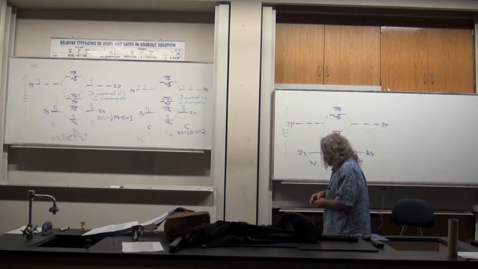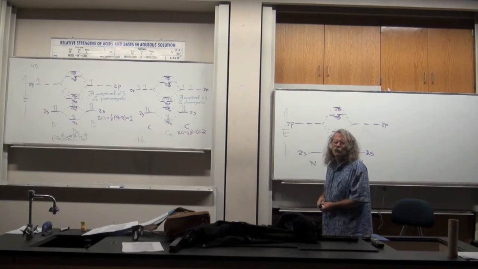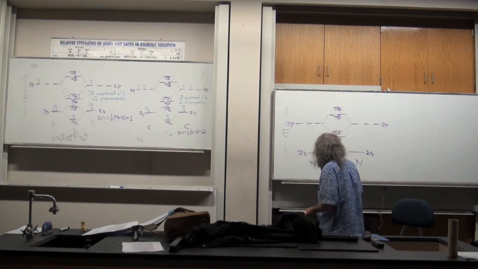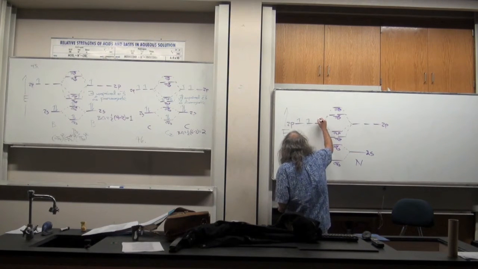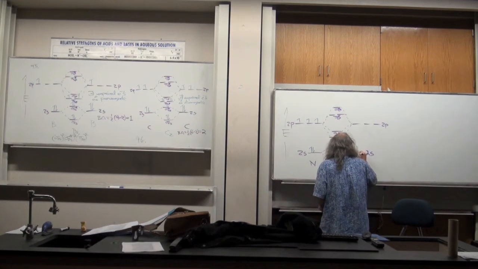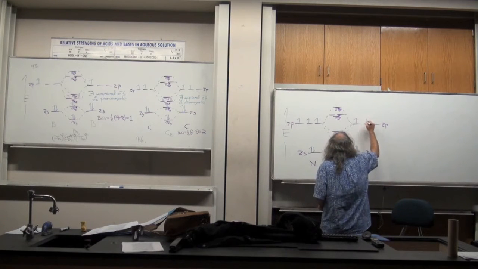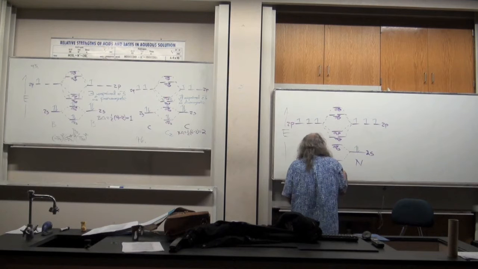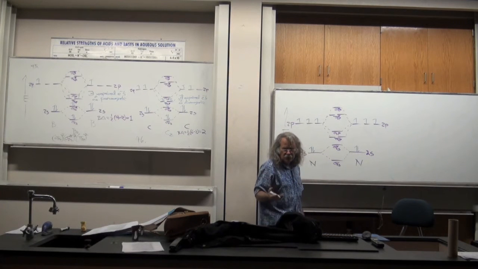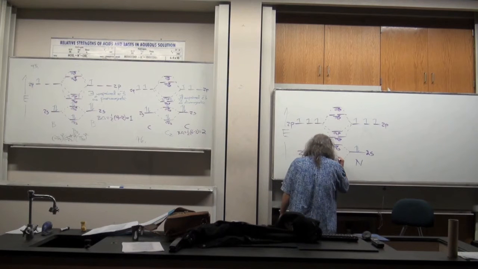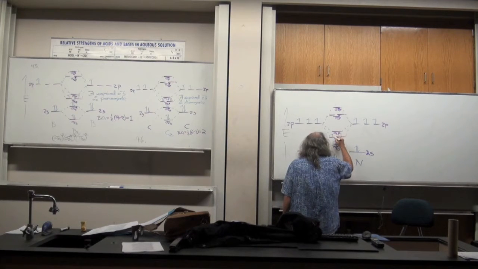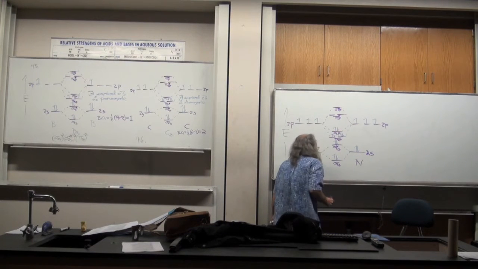And nitrogen is what? Nitrogen 5. So I have 1, 2, 3, 4, 5, 1, 2, 3, 4, 5. And that gives me 10 electrons, which I place in according to Hund's rule. 1, 2, 3, 4, 5, 6, 7, 8, 9, 10.